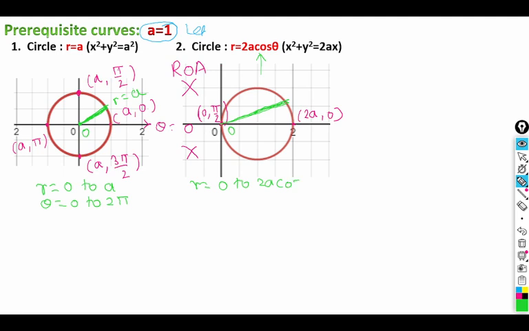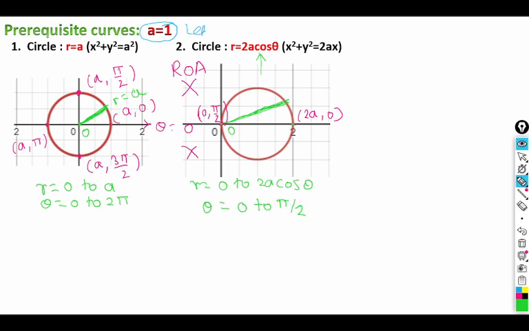But for the outer limit of theta, you will observe the curve starts at theta equal to 0, and this half of the curve ends at pi by 2. So theta will be 0 to pi by 2 only, for the upper semicircle.